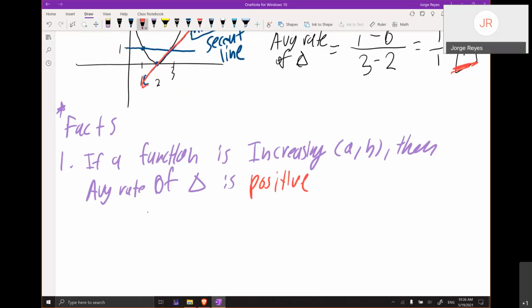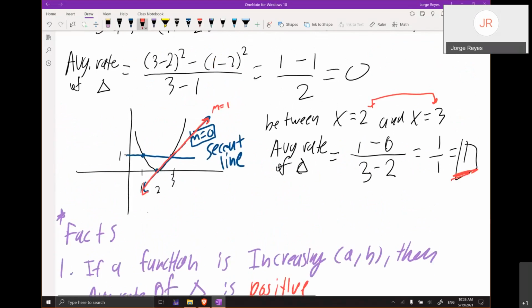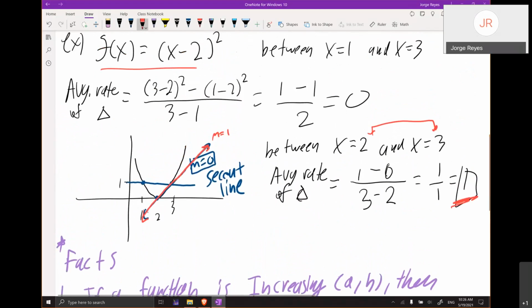And that makes sense, right? If you're increasing, then you're changing in the positive direction. And then here's an example. This function increases after 2, and we saw that after 2, I got 1 as an average rate of change, which is positive.